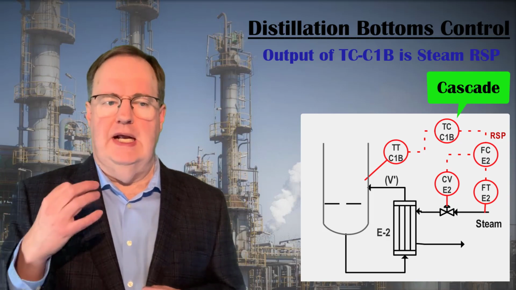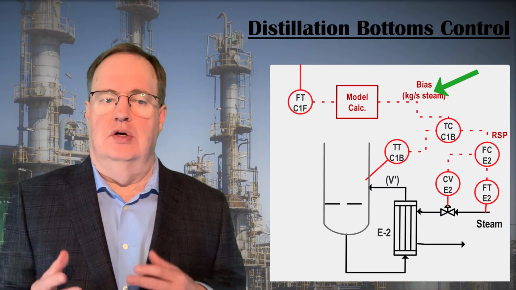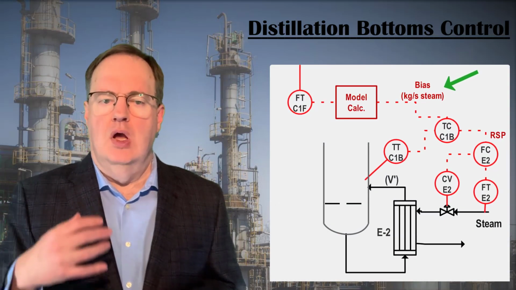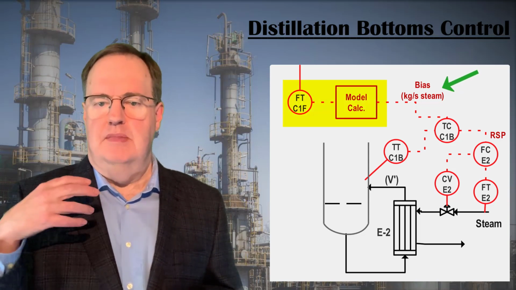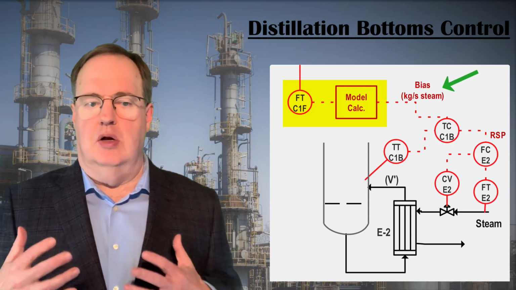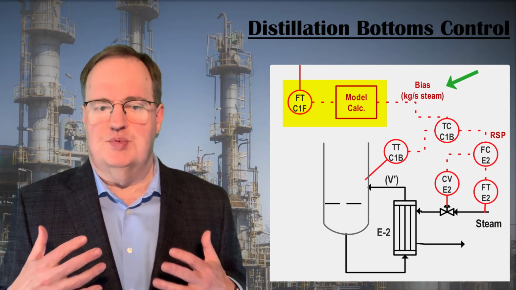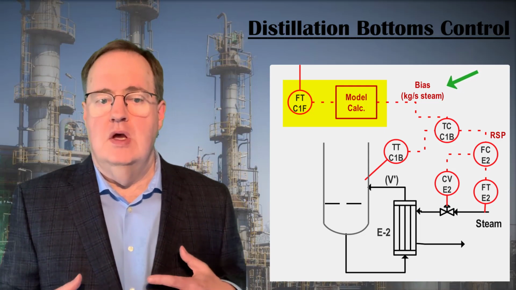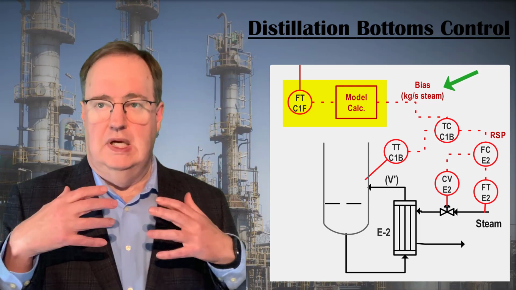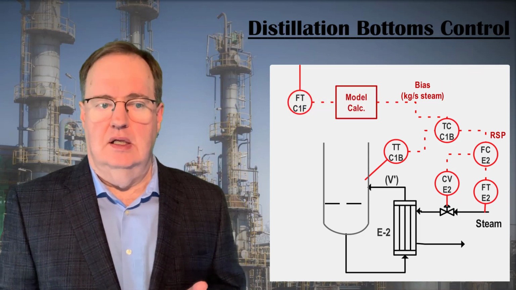We can incorporate our model prediction by adding a bias signal to that supervisory control output, where the bias signal is the measured column flow rate multiplied by our steady-state model prediction of 806 kilowatts per 10,000 kilograms per hour of feed flow, with the kilowatts of steam translated into a steam flow in kilograms per second.